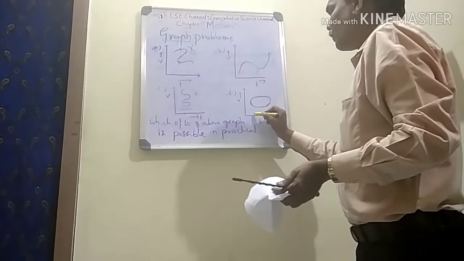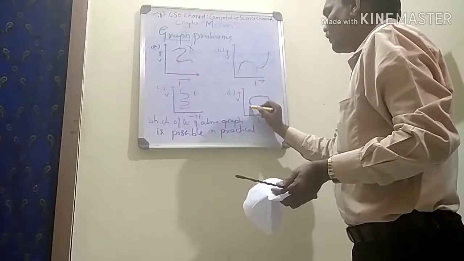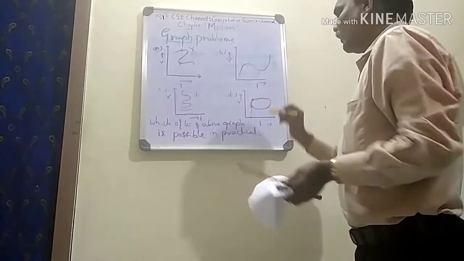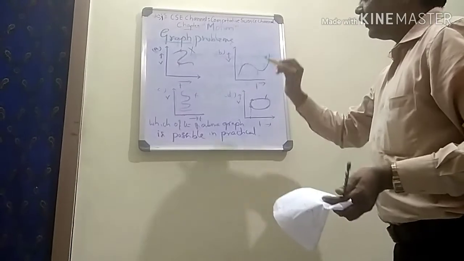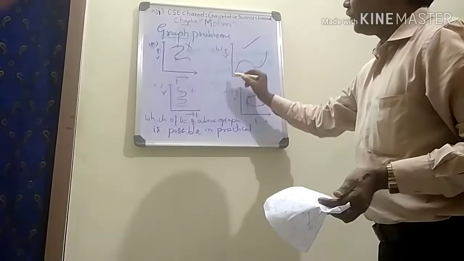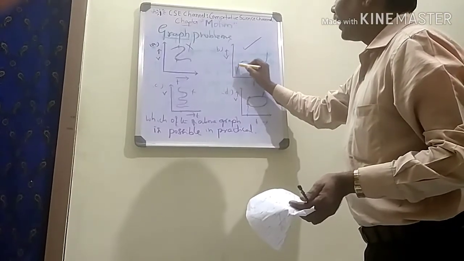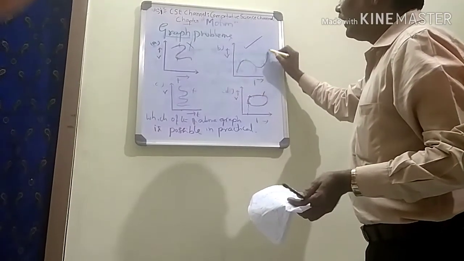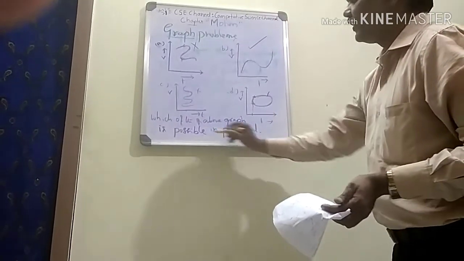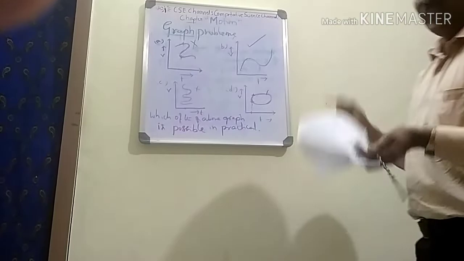Here also at a particular time we find two types of velocity, so this is impossible. The possible one is graph B, because at a particular time only one velocity can be seen. So graph B is correct and it is possible in practice.